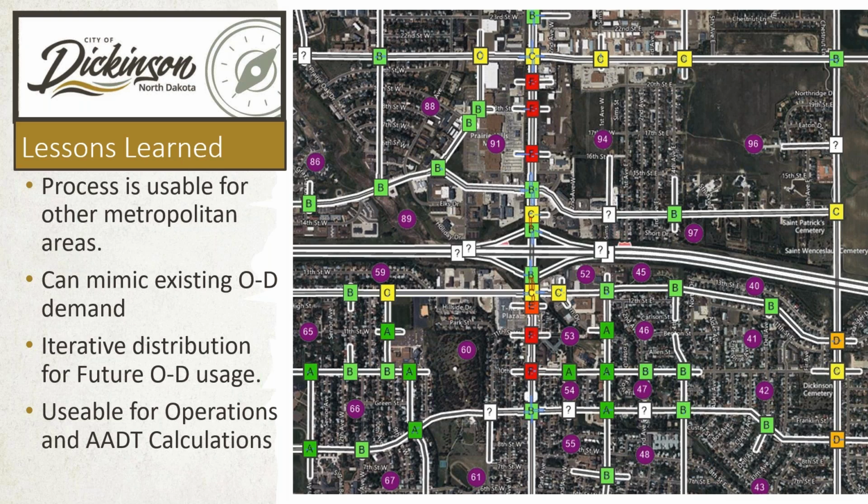Utilizing streetlight data, we were able to mimic that existing origin destination demand as a start for our future forecasts. So understanding what percentage of traffic from zone 96 to zone 60 was occurring in existing conditions, but we also were able to use our spreadsheet process to look at magnitude increases as well, where if TAZ 96 was adding 100 residential trips, zone 60 was adding 100 industrial or commercial trips.